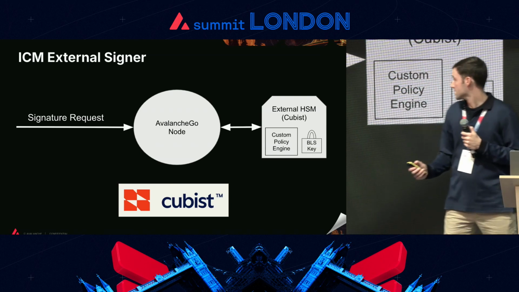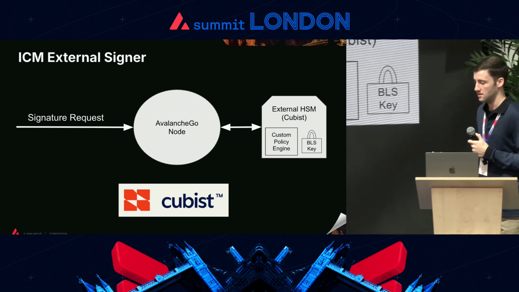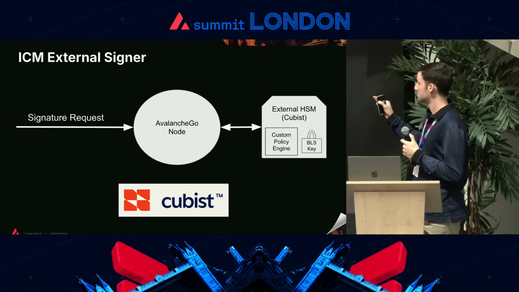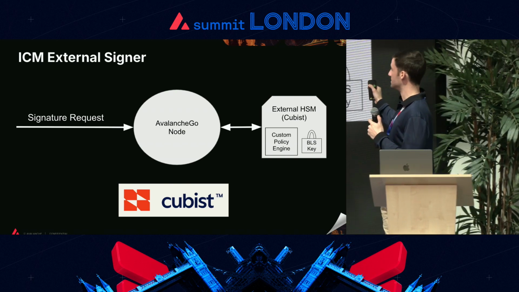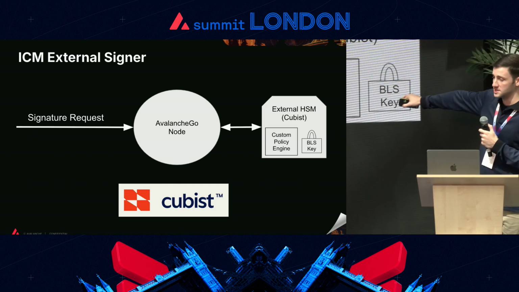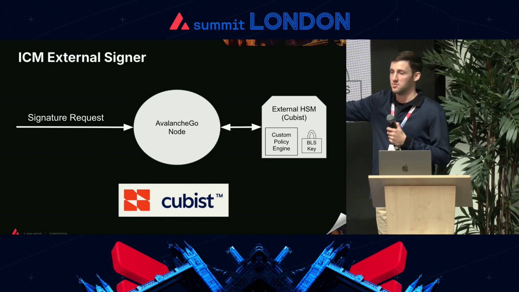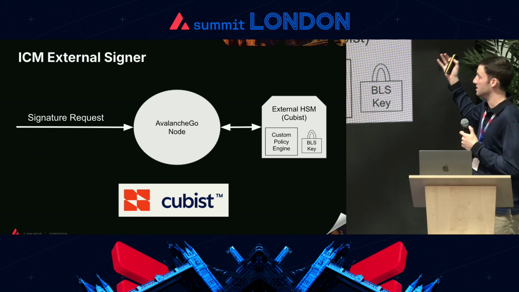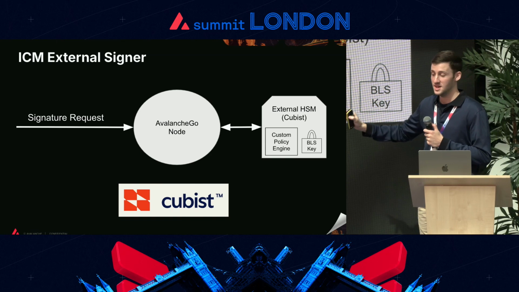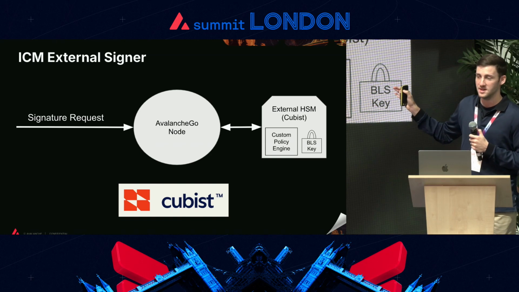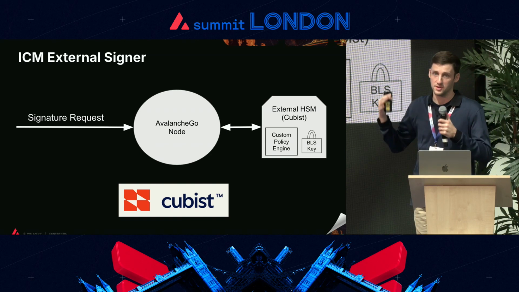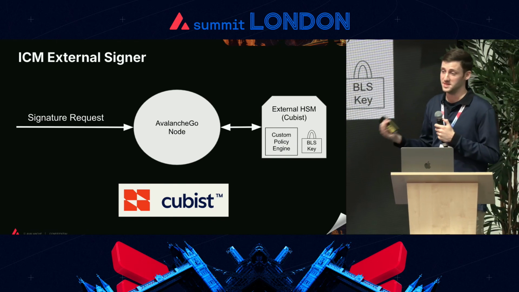Another really cool extension then of their signer product is that you don't just have the key in an HSM able to be rotated, say if you had a compromise of the node itself, but you can write custom policy engines on the HSM side that are enforced for determining whether or not a message should be signed.